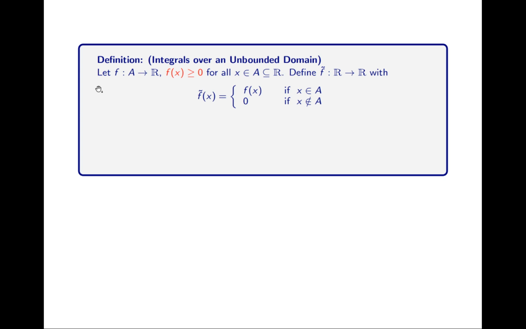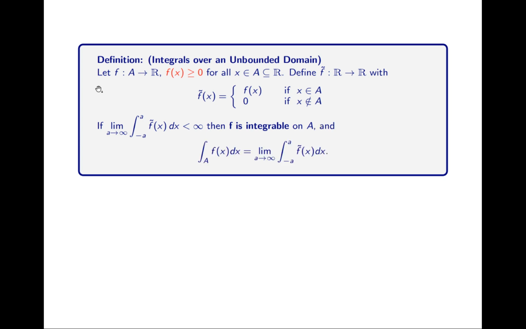Again, we're going to extend our function to the entire real line by just letting the extension be 0 anytime I'm outside of the domain A. Then if the integral from negative a to a of my extension converges to a finite number in the limit as little a goes to infinity, then we say that the original function is integrable over the domain A. Furthermore, the integral over the domain A of f is equal to that limit.